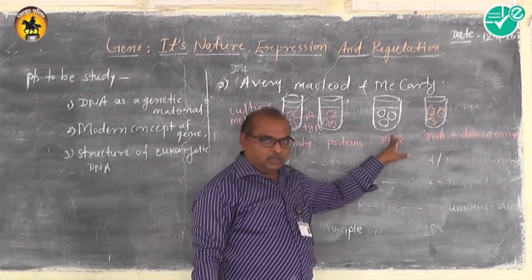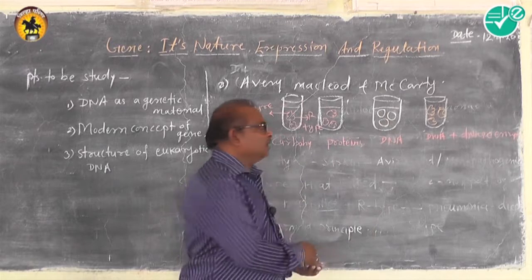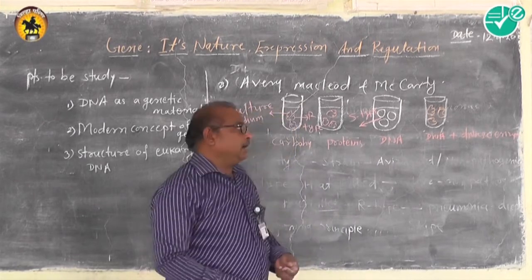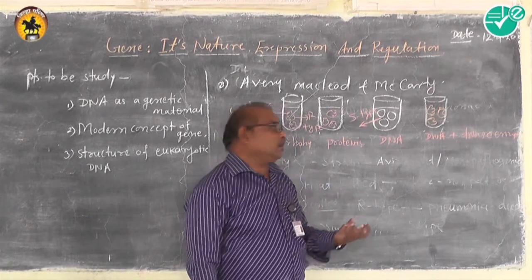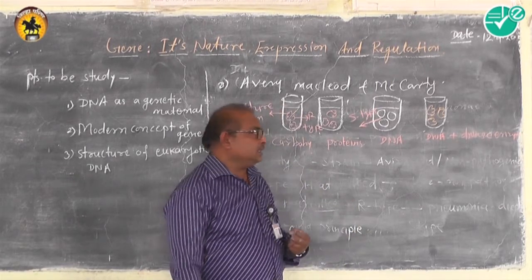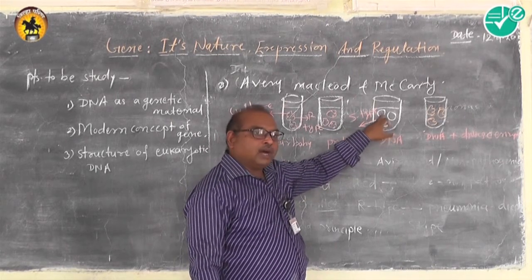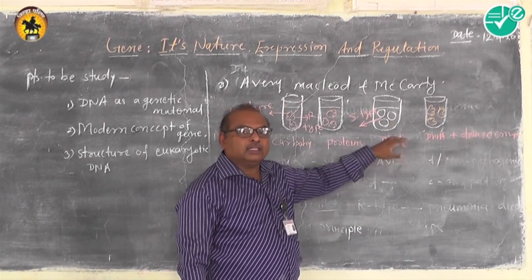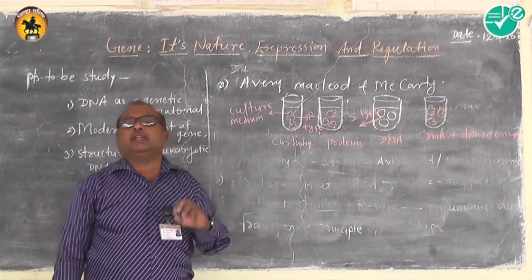But in the third test tube, with DNA, the R-type was changed into S-type. And in the last test tube, DNA is destroyed or digested by the enzyme, DNA plus DNase, and there also the R-type strain remains as it is. It means that the transforming principle of R-type into S-type is nothing but DNA. In this way, these three scientists, in support of Griffith, proved that DNA is the genetic material.